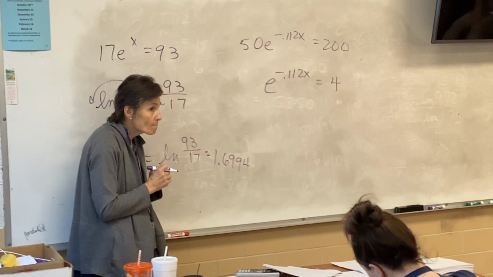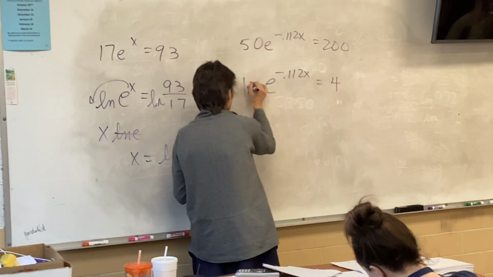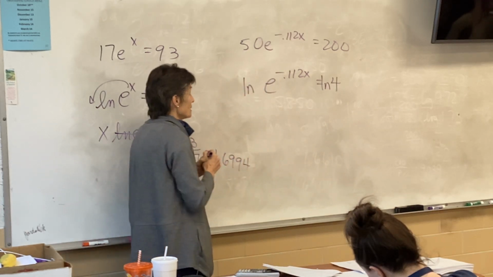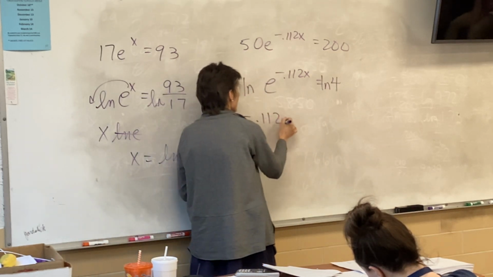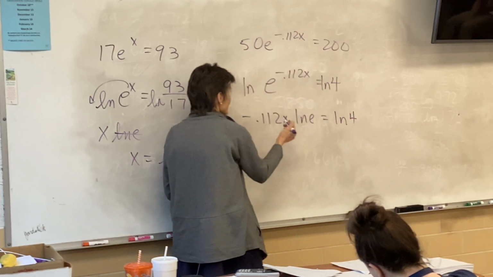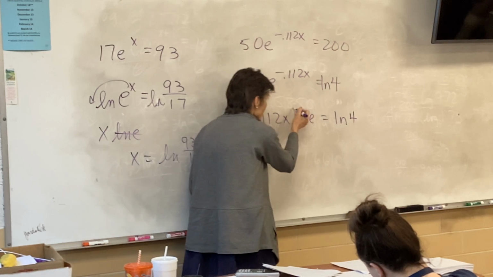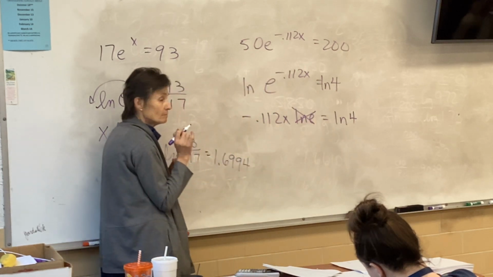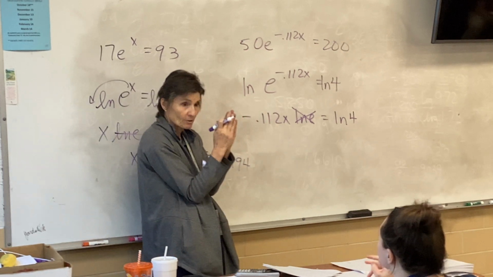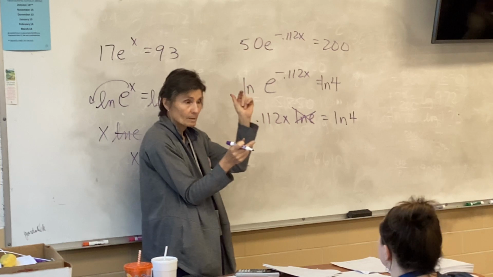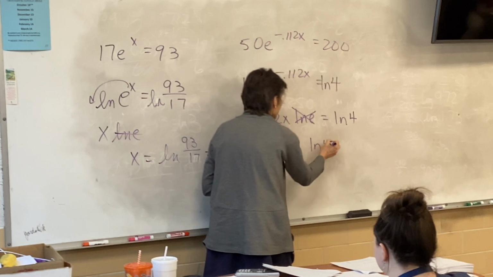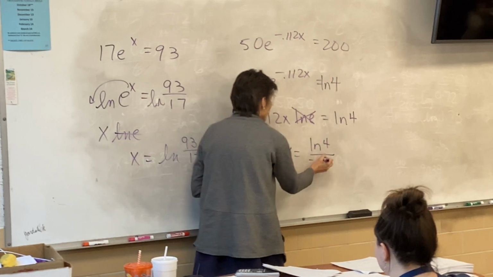Now what? ln, I'm going to ln both sides. That exponent is going to come off. But when I do that, it leaves me with this, which is gone. Anytime an ln and an e touch each other, gone. So now I'll divide ln 4 by negative 0.112.